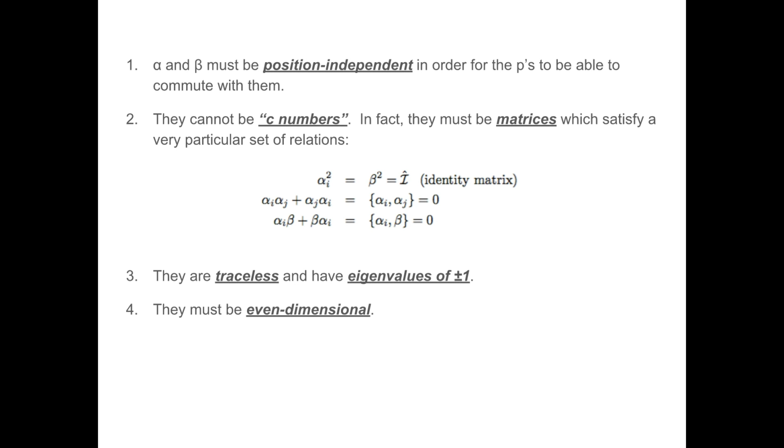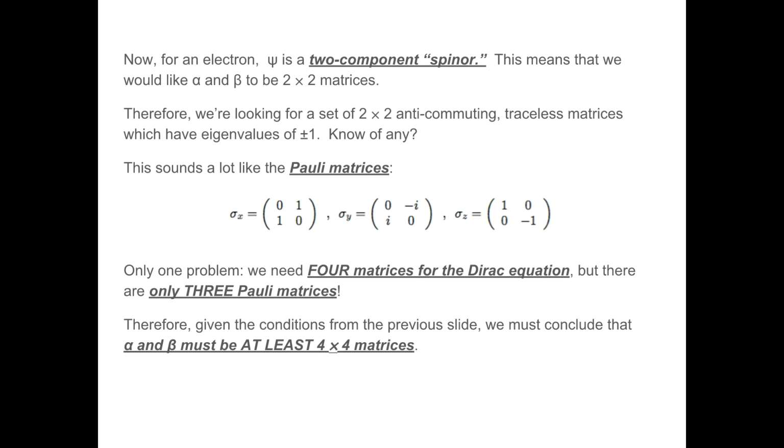You can show that they have to be traceless with eigenvalues plus or minus 1, which implies they have to be even dimensional. So we've got a set of rules for building these matrices. Now we know we're dealing with an electron. Psi is an electron, and the electron wave function we always write as a 2-component spinor.